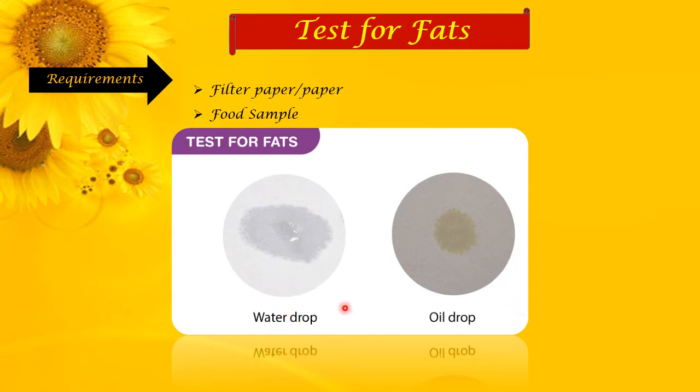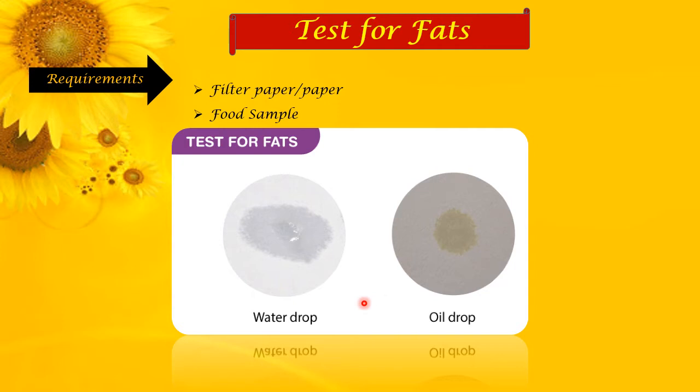Some food items will contain water. If it is water, you will get patches, but it will dry after some time. And if it is a fat-rich food, the patch formed on the sheet of paper will not go away. This is how we can identify it.